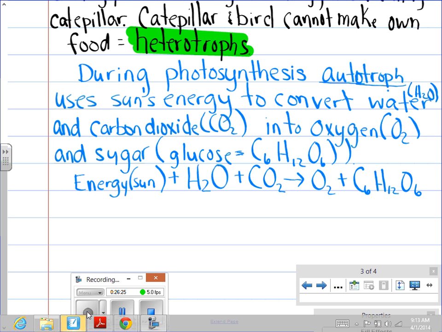I didn't balance that because I don't want to confuse you, but I do want you to see, if you look on the left side of the equation, plants use energy from the sun, water, and carbon dioxide. When they use those things, they release oxygen and glucose.